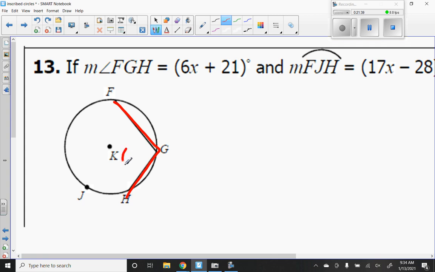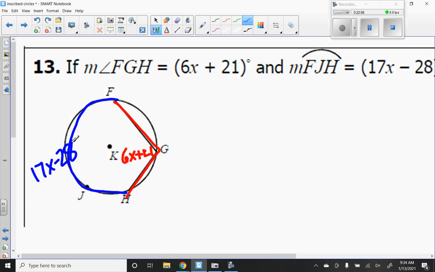So my 6x plus 21 is going to go in that little big gap right there. If FJH is 17x minus 28, FJH, that is its associated arc. So this is a pretty complex equation. Find x.